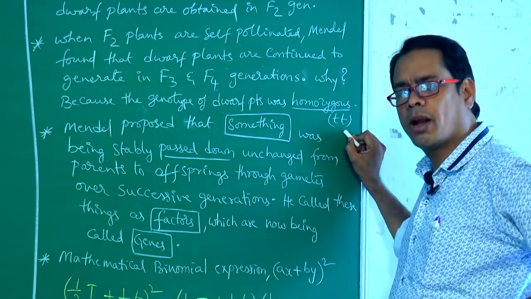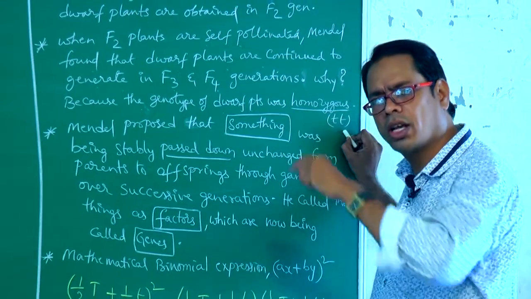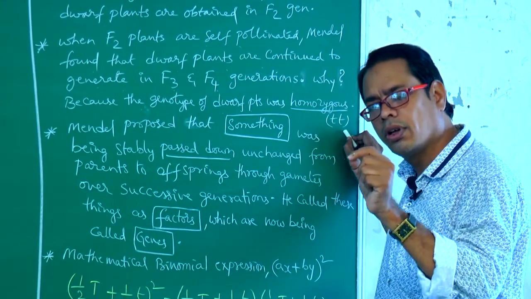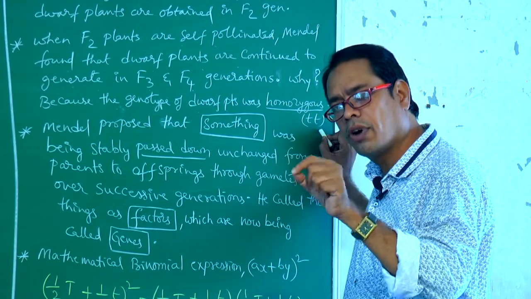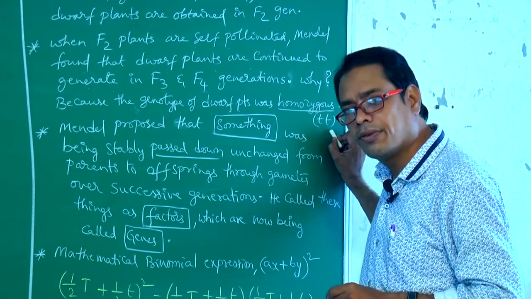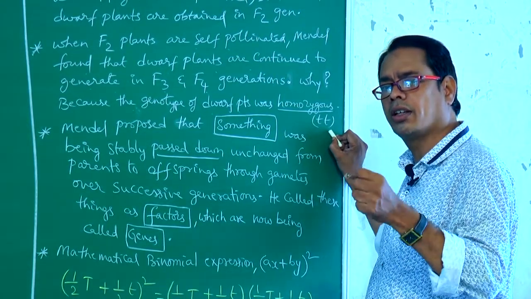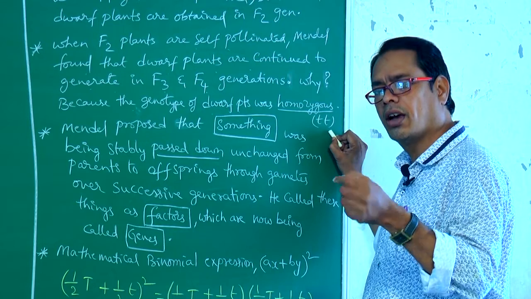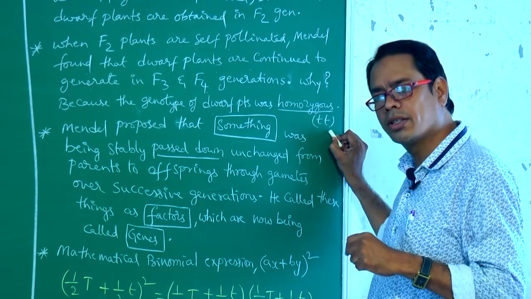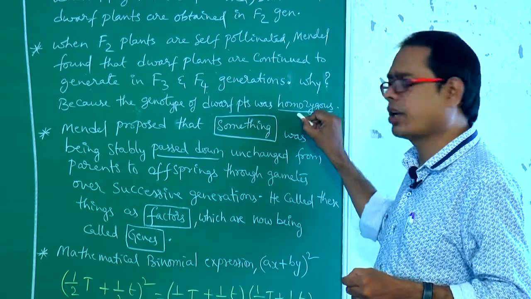So dwarf plants are obtained in F2, F3, F4 and so on. Dwarf plants are not obtained in F1 generation. Those dwarf plants continue in F3, F4 and so on. Why? Because the genotype of dwarf plants was homozygous.